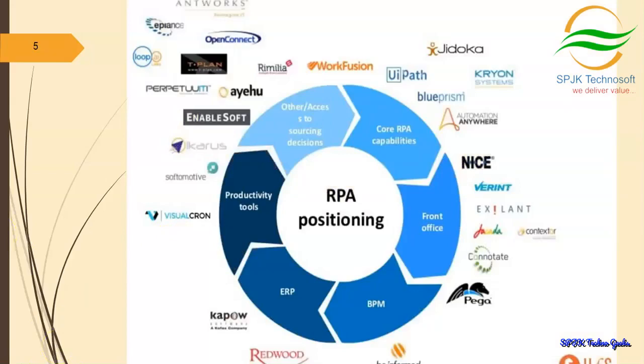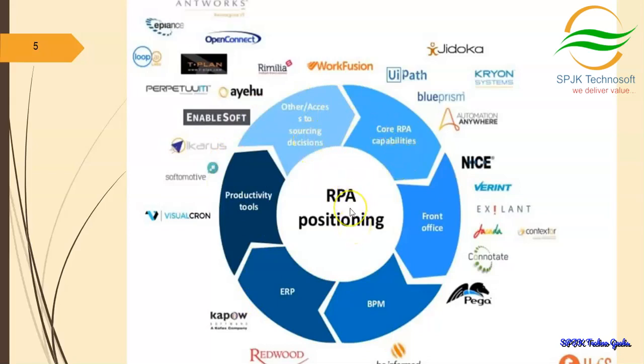Here you can see there are many RPA tools in the market, and RPA positioning shows here core RPA capabilities, front office, BPM, ERP, productivity tools, and other access to source decisions.